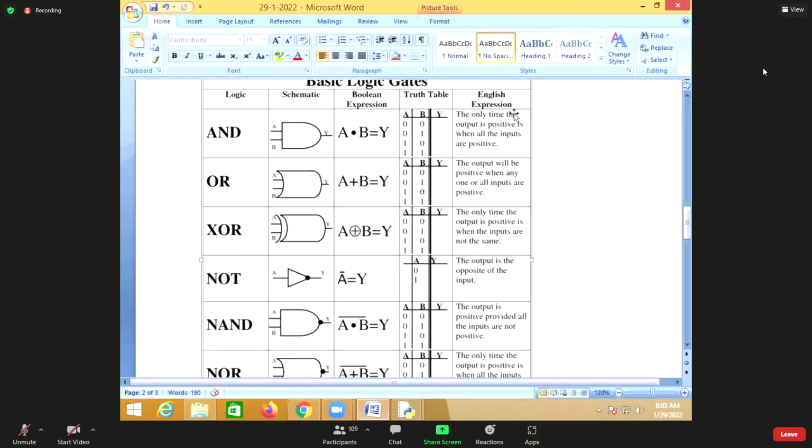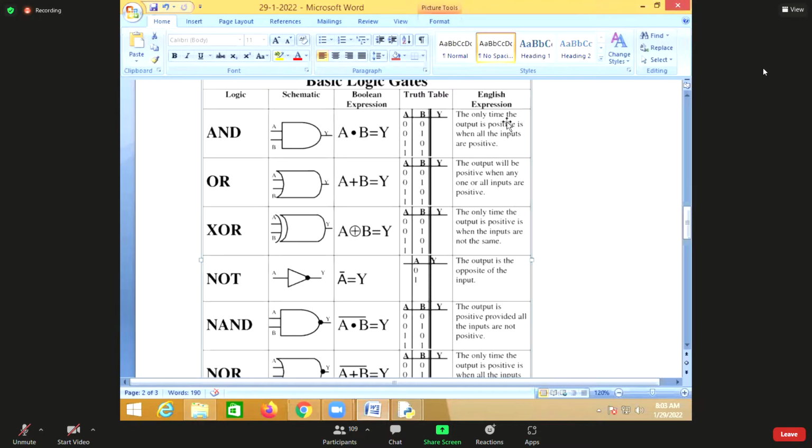See, the only time the output is positive is when all the inputs are positive. In this case, if all the inputs are positive, the output will be positive. If any input is negative, the output will be what? 0.